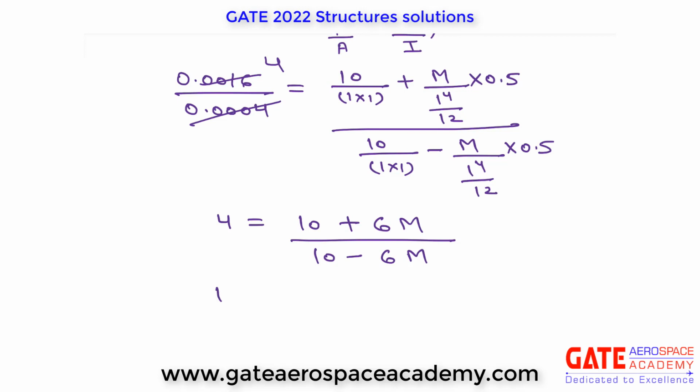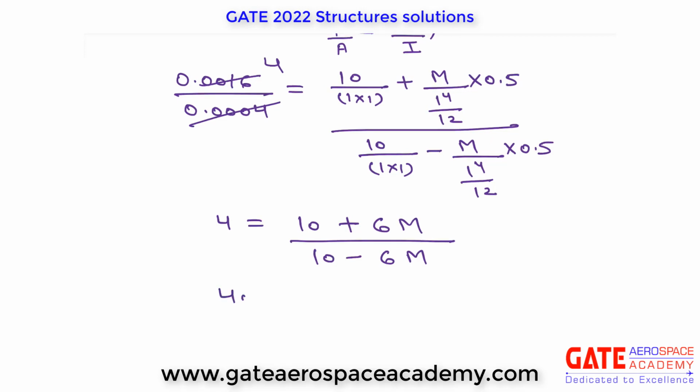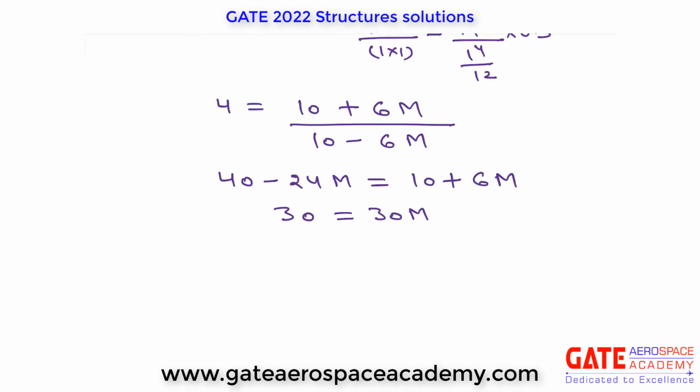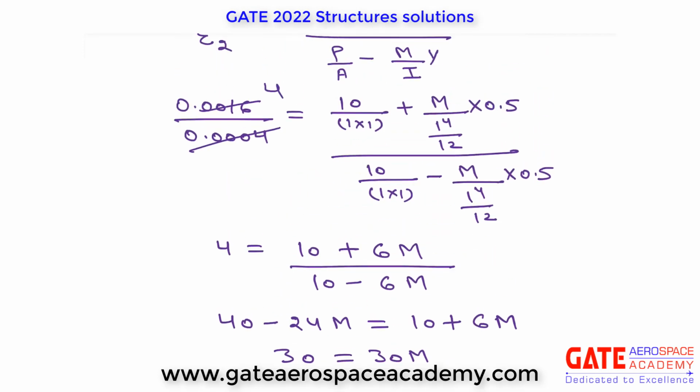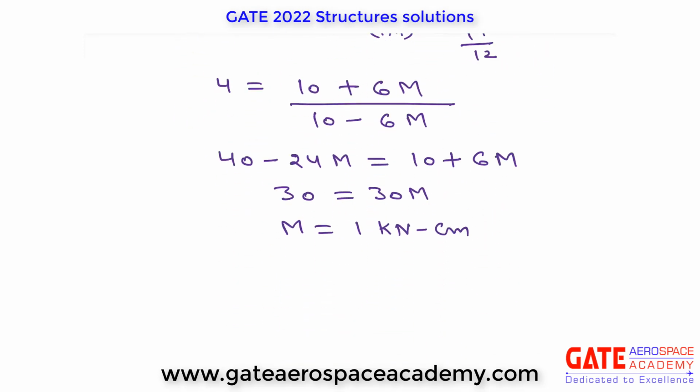So we can write 40 minus 24M is equal to 10 plus 6M, 30 is equal to 30M. M is equal to 1 kilonewton centimeter, right, because we are using kilonewton and centimeter for load and dimensions respectively, correct. So that's why we will get in kilonewton centimeter.